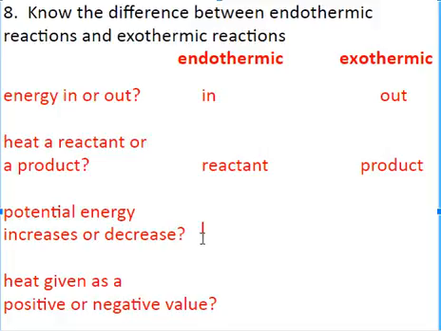Does the potential energy increase or decrease with endothermic? So do your products have more potential energy or less potential energy? More. You put energy in, so it has more.